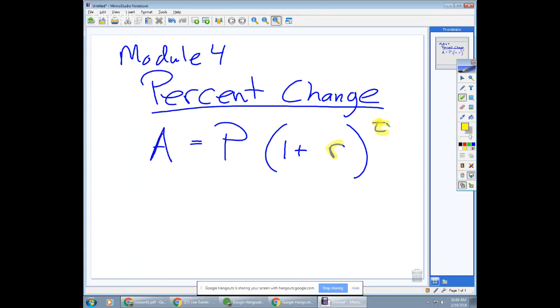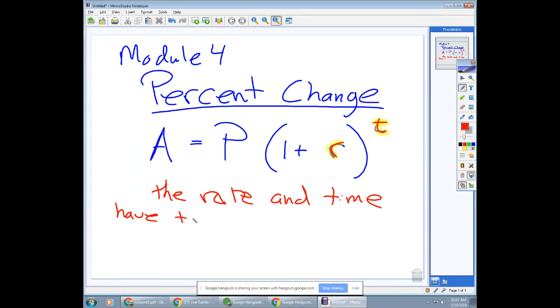If it is a monthly rate, time has to be in months. So just a note on those things, R and T: the rate and time have to be measured the same.